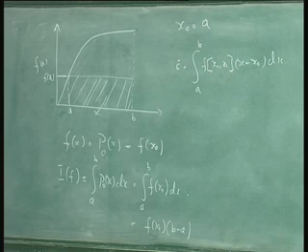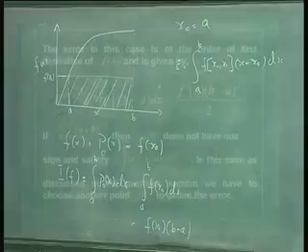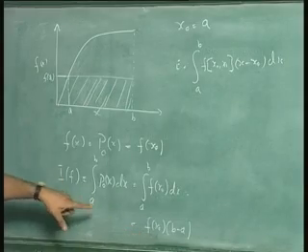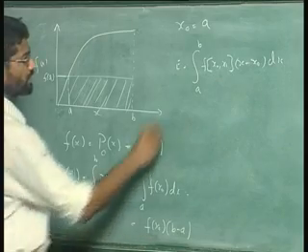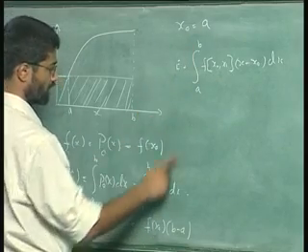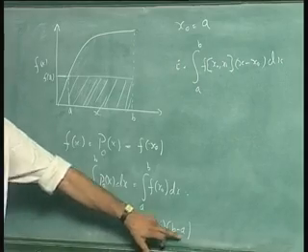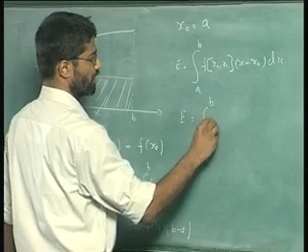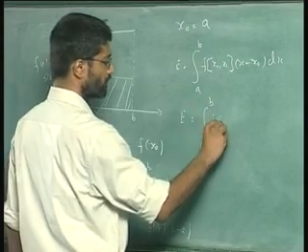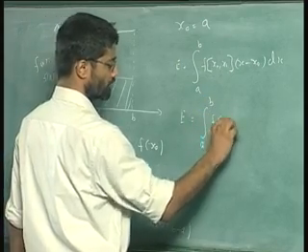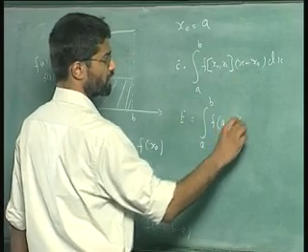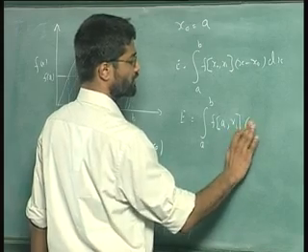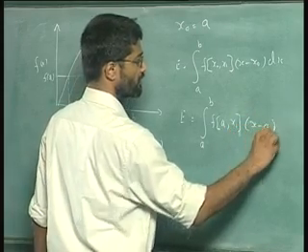So I will write that error as that, and now I have chosen my x0 to be a. In the case x0 is a, this integral was f of a into b minus a, and the error would be the integral from a to b of f of a, x1, where x1 is some point we have to choose, into x minus a dx.